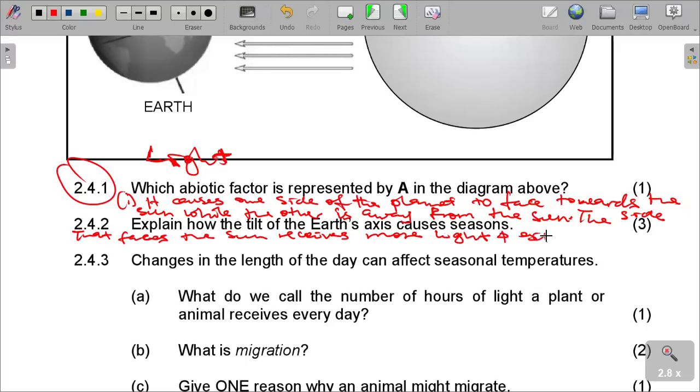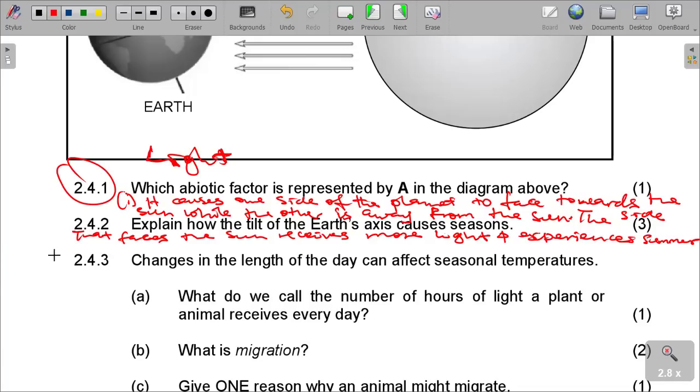When it experiences more light, therefore it experiences summer. Well, the side that faces away from the sun receives less light and experiences winter.